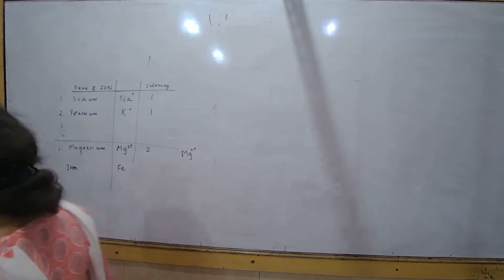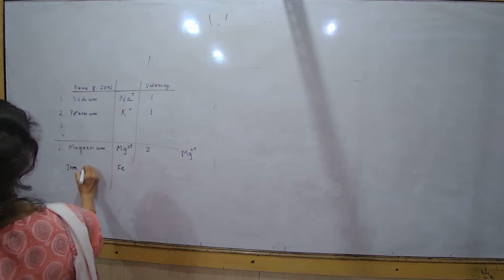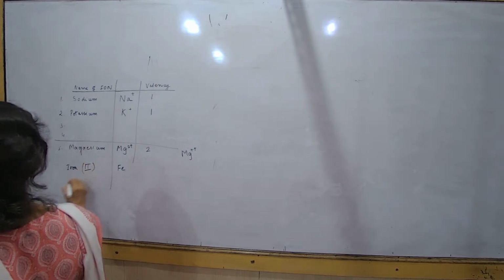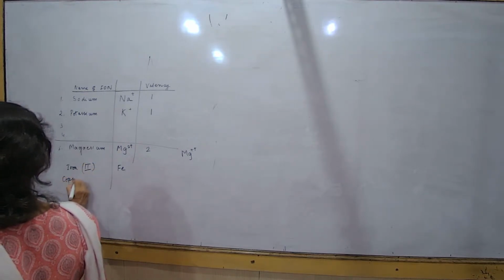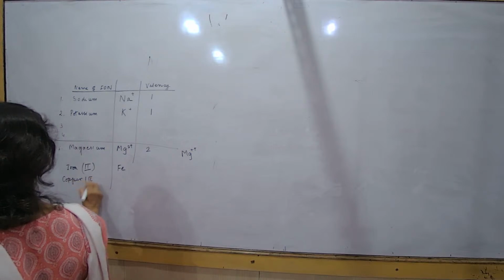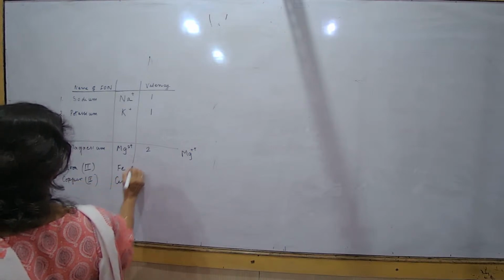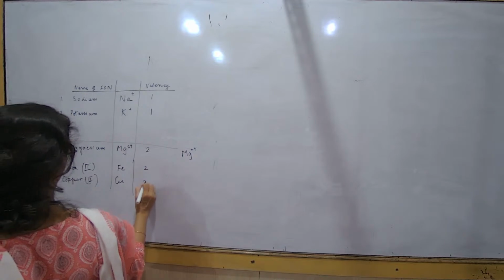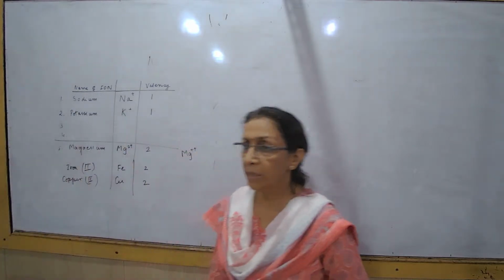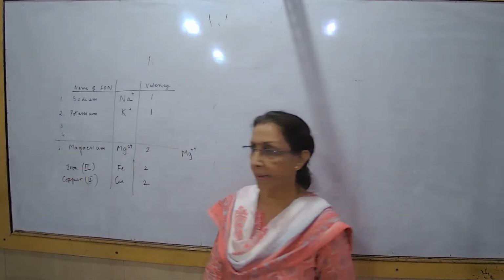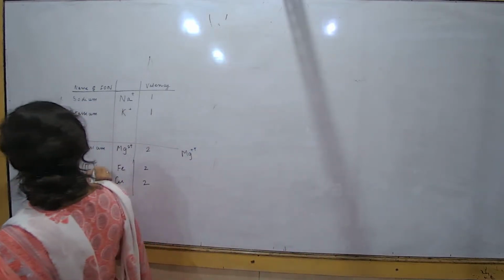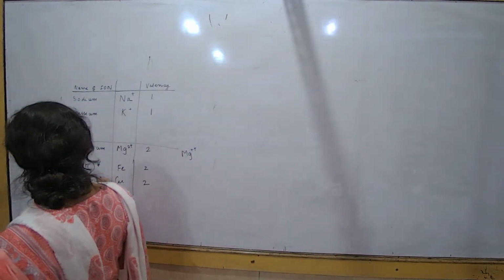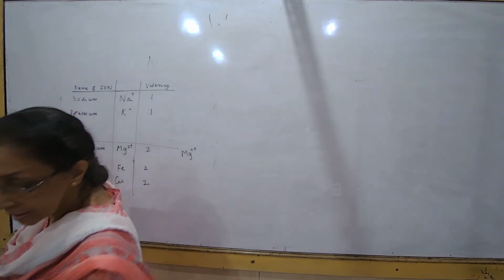Yes, ma'am. Iron 2 and copper 2. Now these are the two special cases. Iron and copper. Put a star there because copper you have already written here, isn't it?